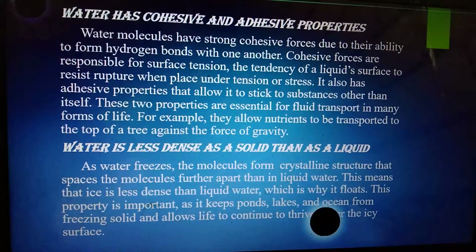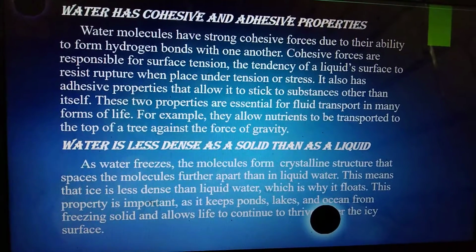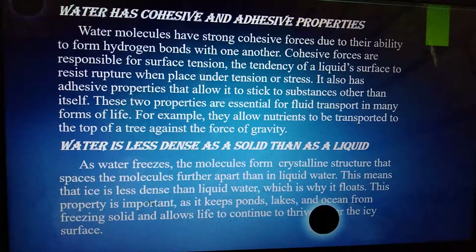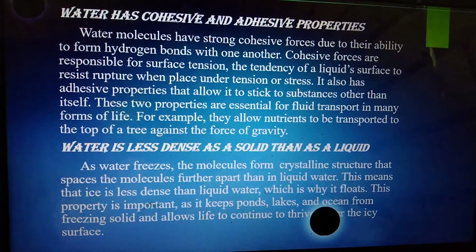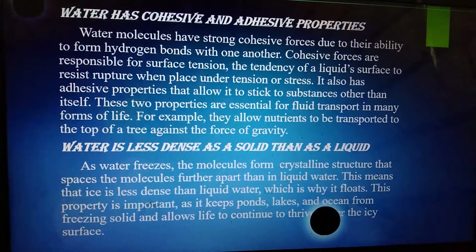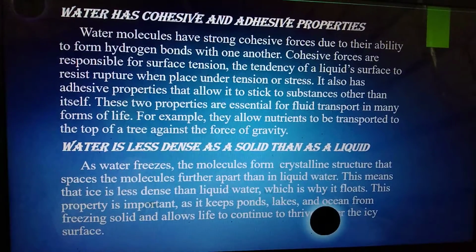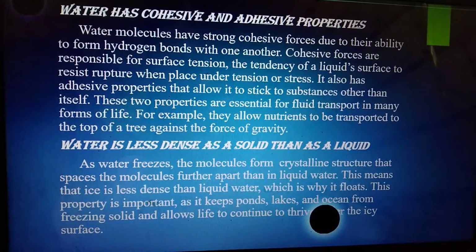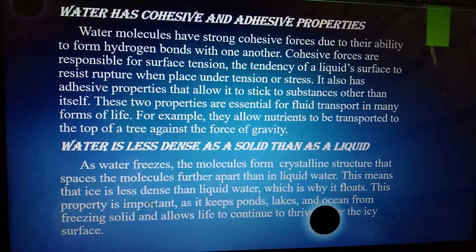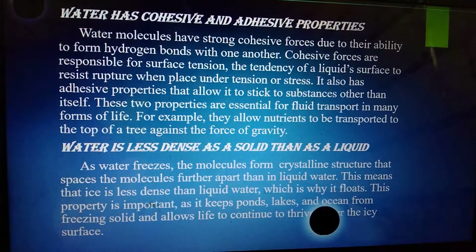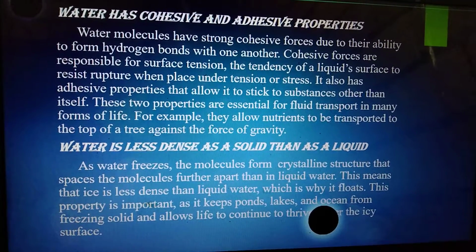So next, water is less dense as a solid than as a liquid. As water freezes, the molecules form a crystalline structure that spaces the molecules further apart than in liquid water.